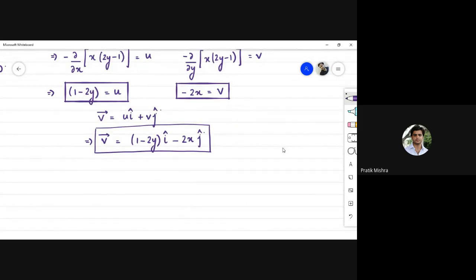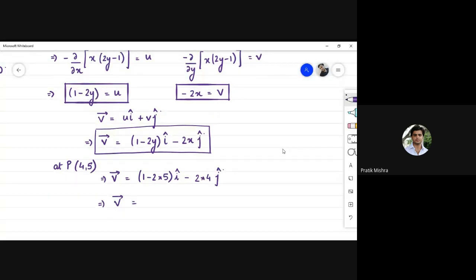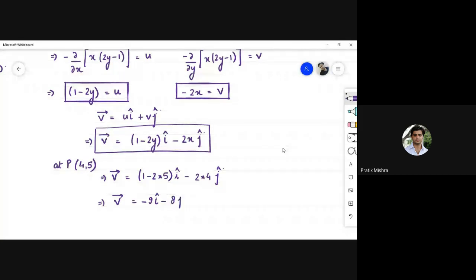So at point P whose coordinates are 4, 5, your velocity vector can be written as 1 minus 2 into 5 times of i cap minus 2 into 4 times of j cap. So your velocity vector comes out to be, this is 10 minus 1, which comes out to be minus 9 times of i cap minus 8 times of j cap.